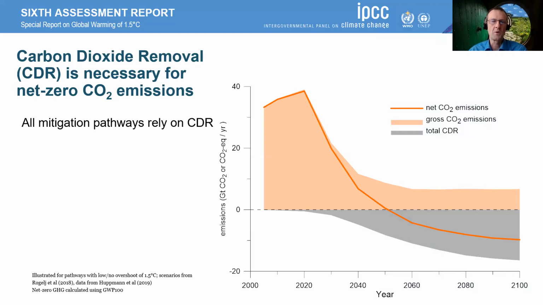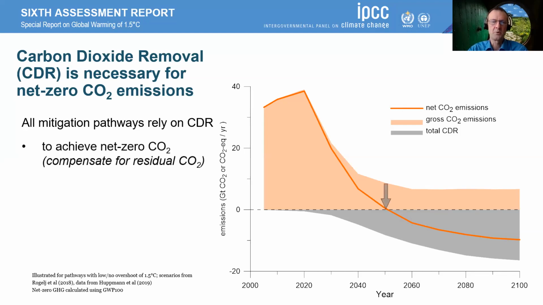And of course, that is always composed of a combination of gross CO2 emissions and, to some extent, counterbalancing total carbon dioxide removal. So at the point of net zero CO2 emissions, it is inevitable that there has to be some amount of CDR applied if we want to get to net zero.